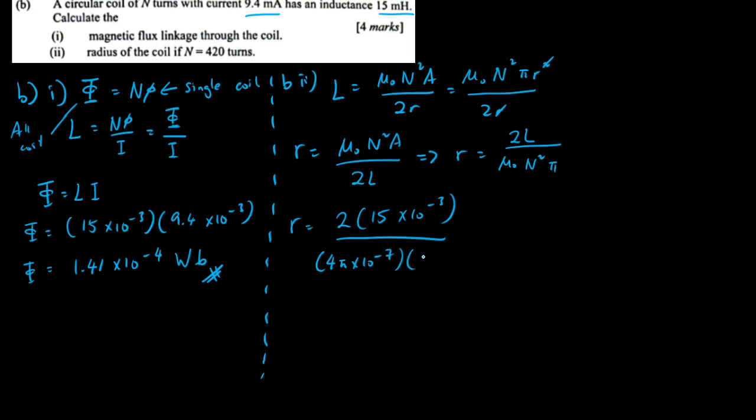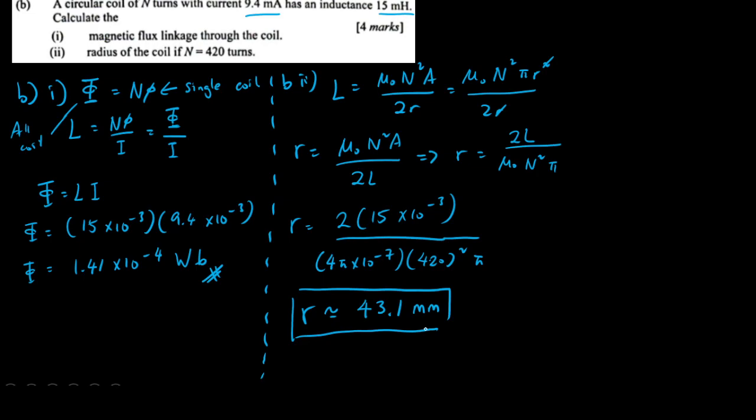I have 420 turns squared, and then I have pi. All right. So I can approximate pi to be 3.14. What I'm left with is my radius is going to be approximately 43.1 millimeter. So that's what I'm left with. And that would be my final answer.